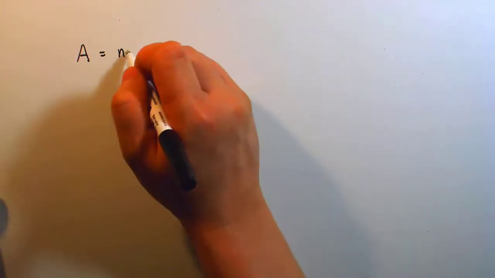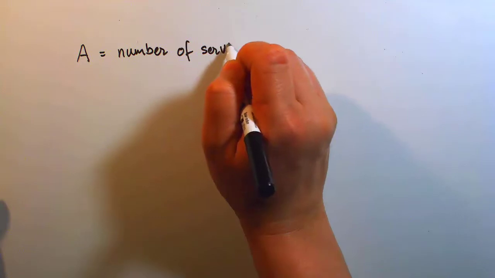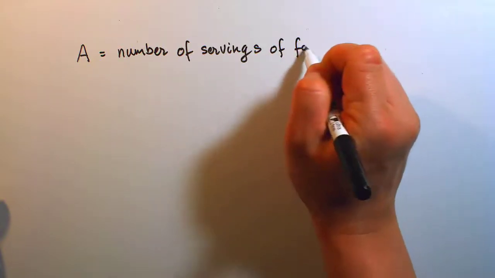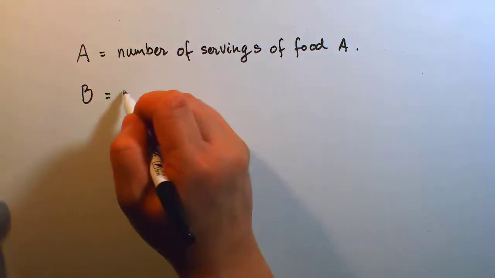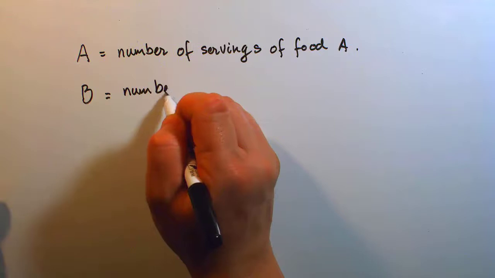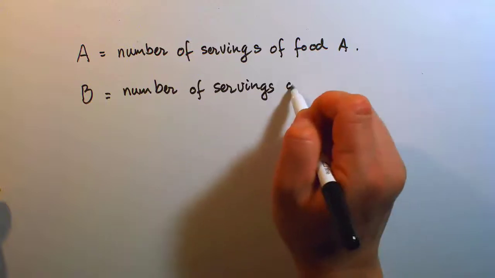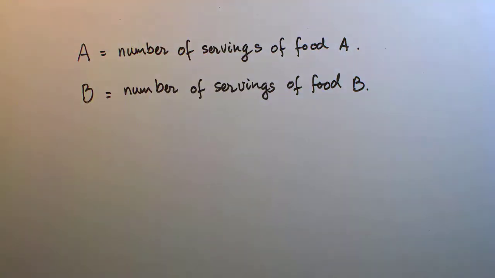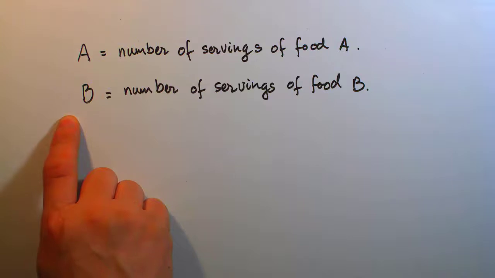Let A represent the number of servings of food A, and I'm going to let capital B represent the number of servings of food B. And once again, those are the only 2 variables we have identified in our problem.